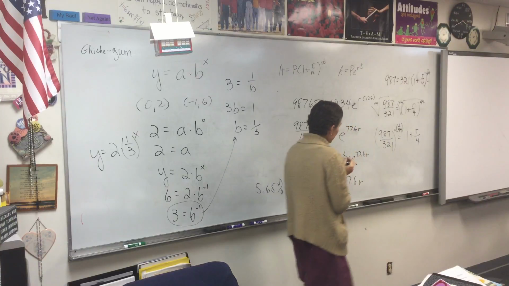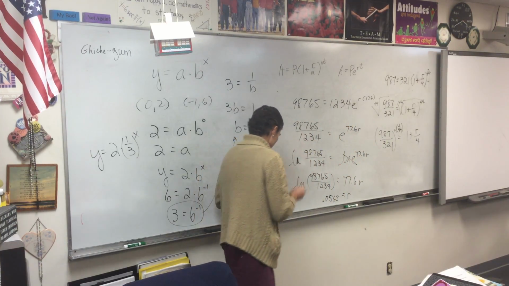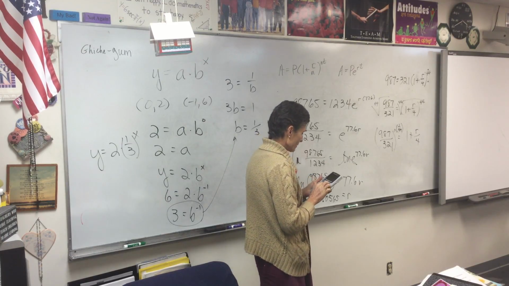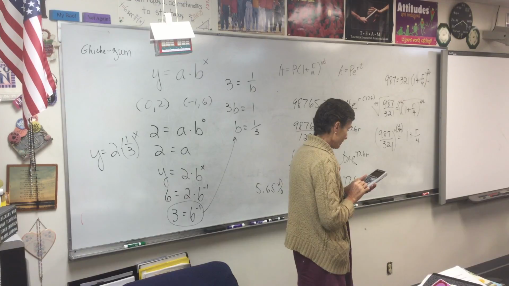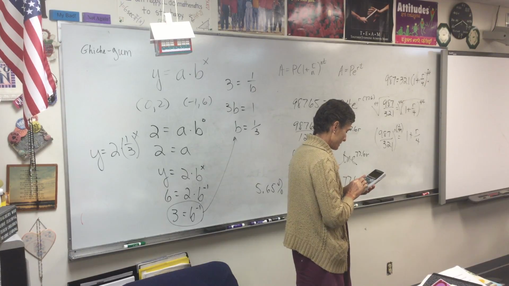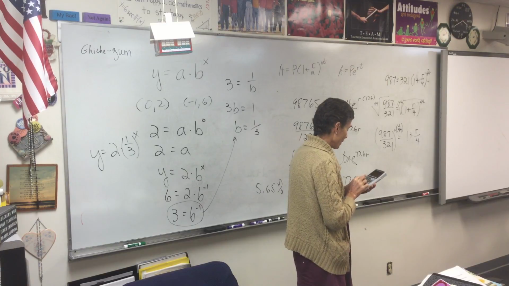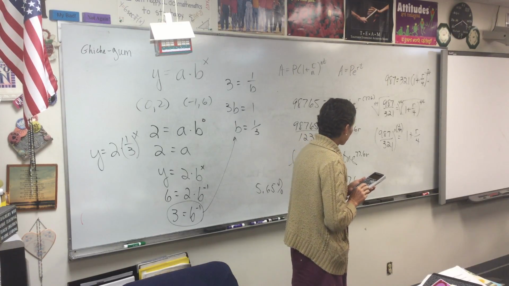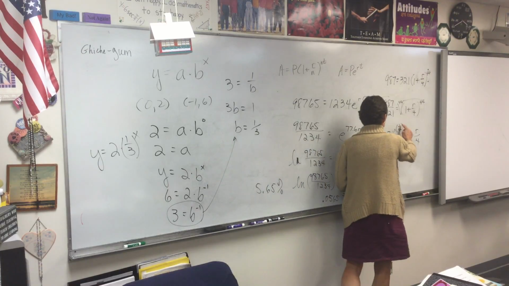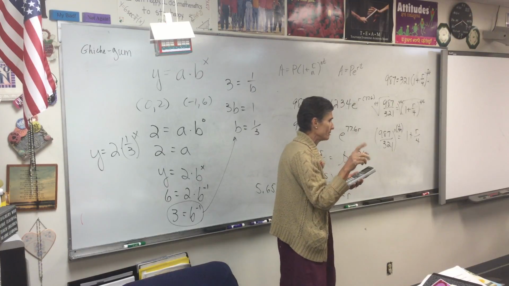So I'm going to take that number, 987 divided by 321, then raise it to the parentheses, 1 divided by 44 power. Make sure that's in parentheses, 1 divided by 44. Did you get 1.025 stuff there?